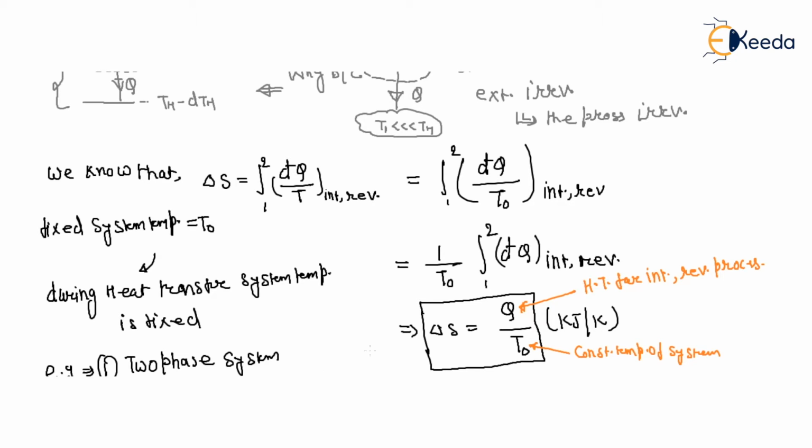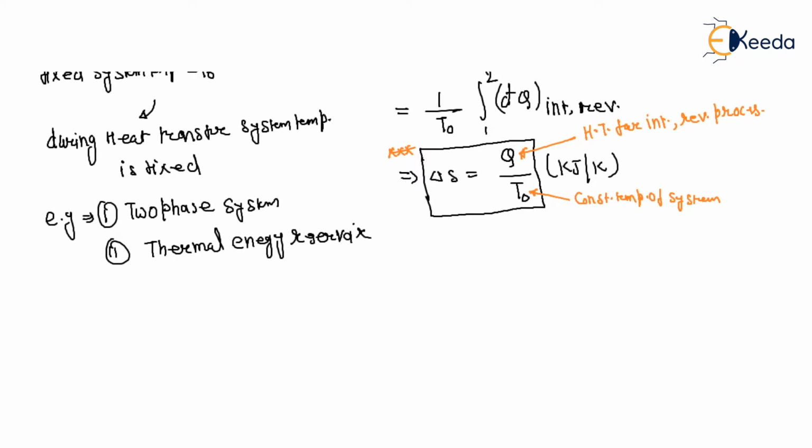So this formula is particularly useful to determine the entropy change of a thermal reservoir that can absorb or supply heat indefinitely at a constant temperature. So this is best suited for either a two-phase system or a thermal reservoir, right?